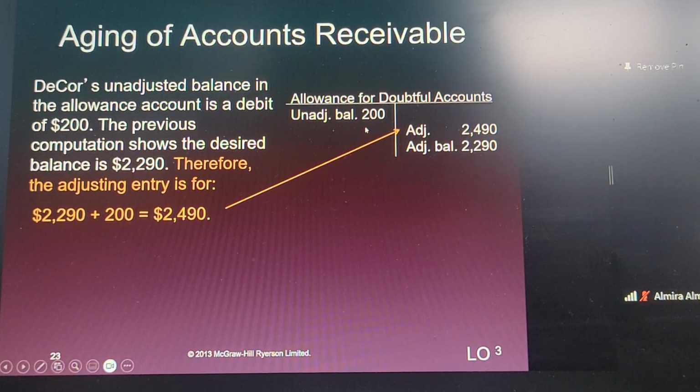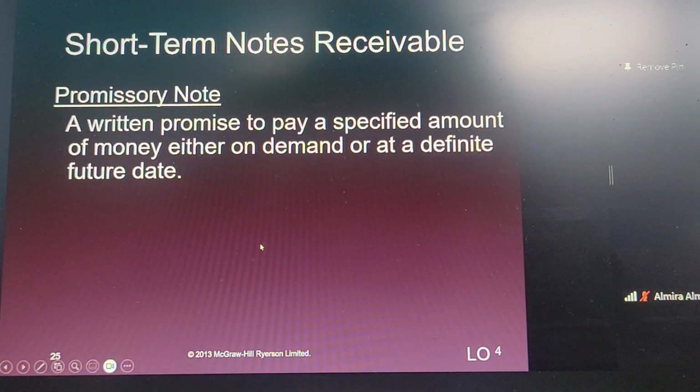If you have the unadjusted balance and the adjusted balance, which is what you calculated, you subtract or you add. If it's here, you add; if it's here, you subtract, and then you get your actual number. Okay, guys, when you see it in the assignment, we'll bring it up if it's a bit confusing.